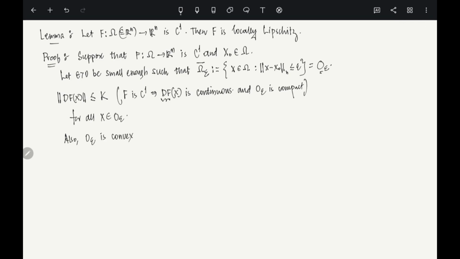So what is happening is this: if we start with two points y and z in O epsilon, let me draw this part.